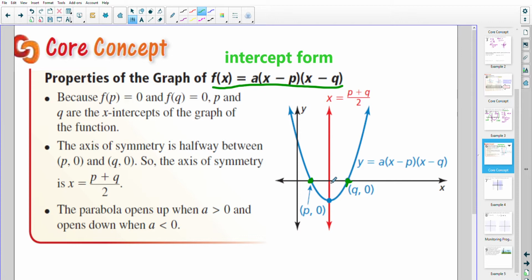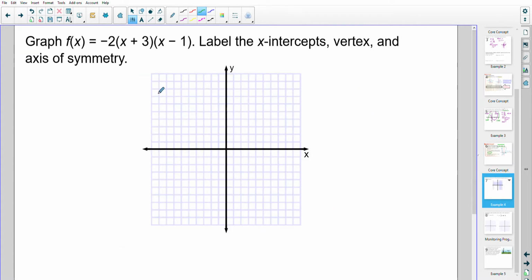So to find out the axis of symmetry, you find the average of p and q, which is p plus q divided by 2. So if the question is to graph and label, first of all, you're going to know that your x-intercept is going to be at -3 and 1.